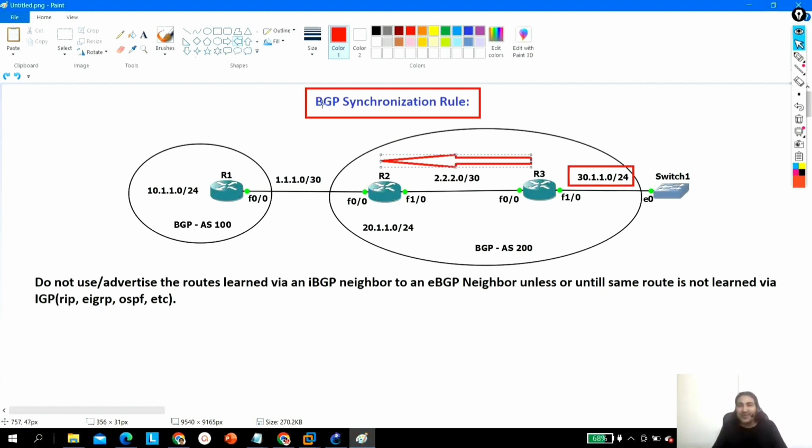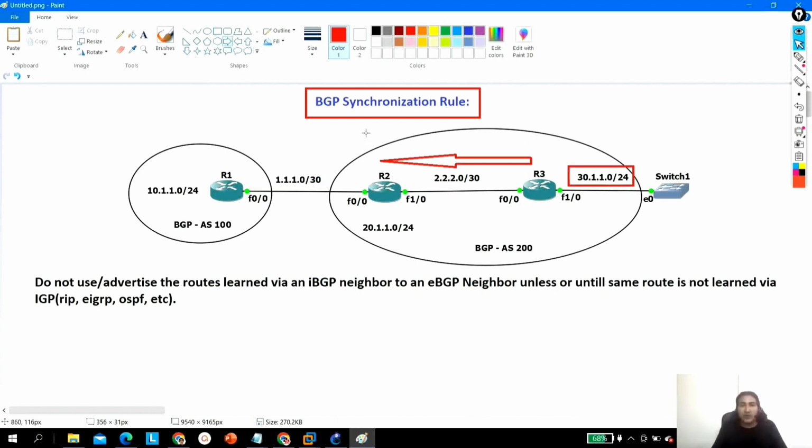So the rule is: do not use and do not advertise routes learned from an IBGP neighbor to an eBGP neighbor. So this router will not use this prefix, meaning it will not install this 30 network in its routing table. That is the first thing: do not use.